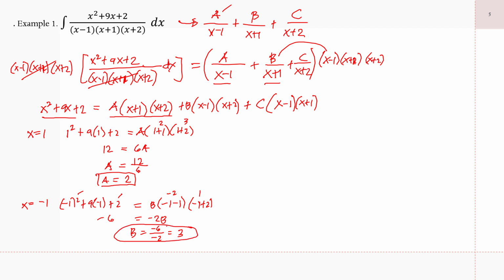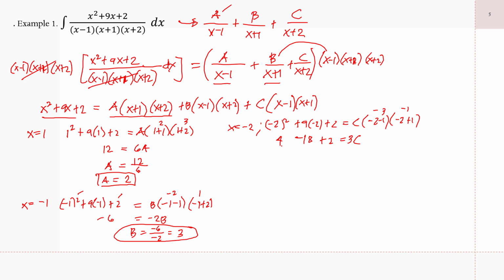Now we have to compute the value for C, where x is equal to negative 2. So negative 2 squared plus 9 times negative 2 plus 2 is equal to C times (negative 2 minus 1)(negative 2 plus 1). So 4 minus 18 plus 2 is equal to C times negative 3 times negative 1, which is 3C.